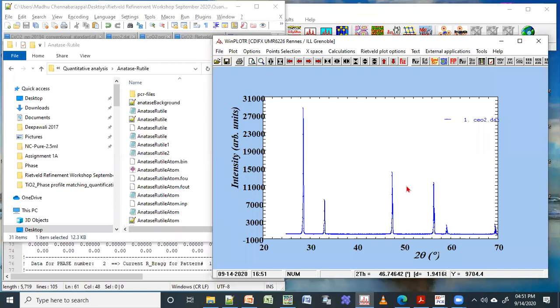Okay, if your sample is already reported, you can do phase matching. If not, some person asked me how to solve from scratch. That is by indexing, by using TQual or ITR. Those kinds of software or algorithms you have to use before to get your ABC and symmetry. Okay, so in that case, it will be a little bit longer steps.